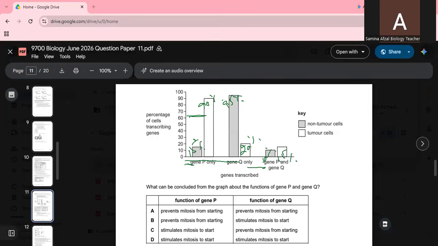You can see the answer is not correct, so A is not the correct answer. And again, preventing mitosis from starting, so again it is not correct.